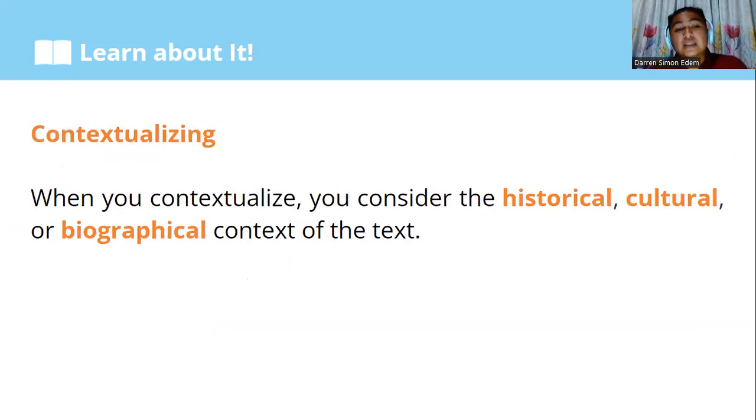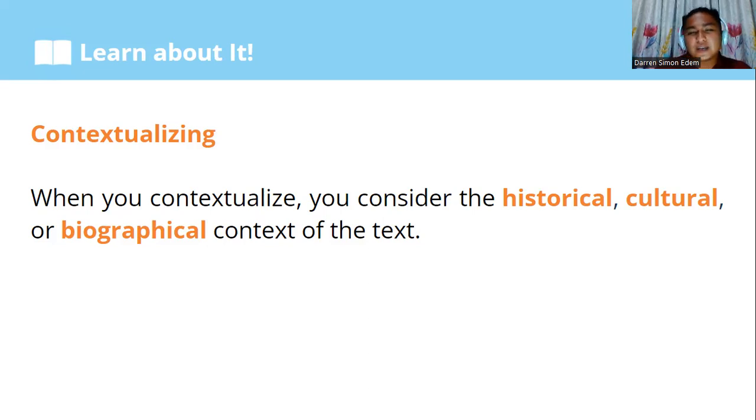Next, contextualizing. Contextualizing is when we consider the historical, cultural, and biographical context of the text. It is something where we put into perspective how we summarize or organize how we understand a particular text.